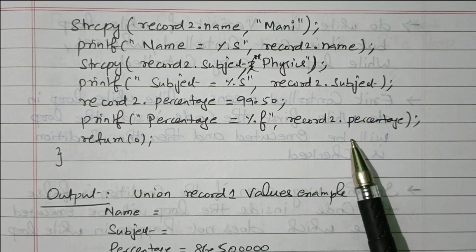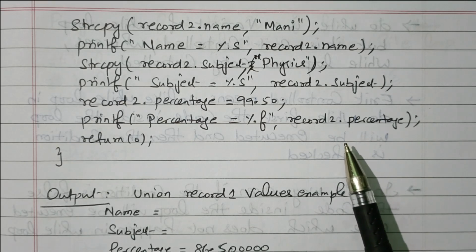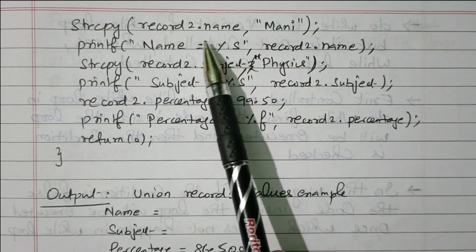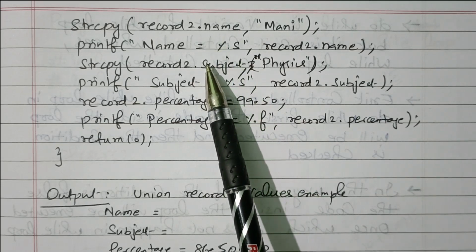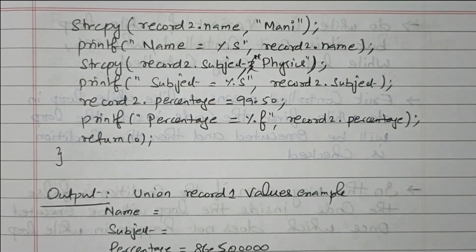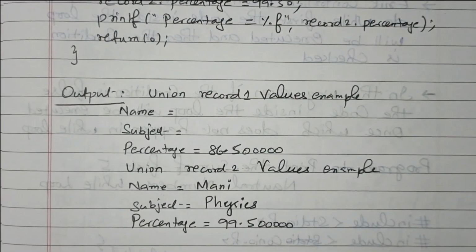So in example 1 we assigned all three values, then we printed all three values, so finally only the stored last value is available. In example 2 we assigned the value and immediately printed it, so that we will get all the outputs. Now we will see the output of this program.